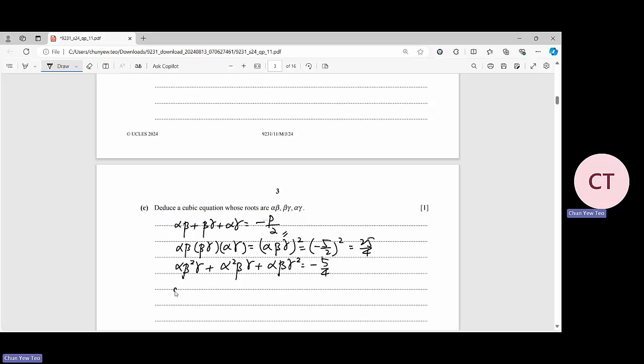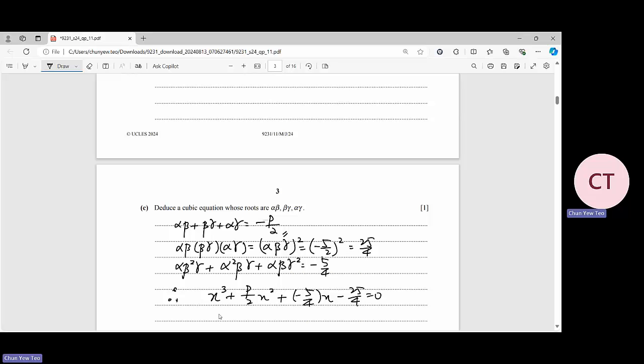Therefore, your new cubic equation will be x cubed plus p over 2 x squared plus negative 5 over 4 x, then minus 25 over 4.